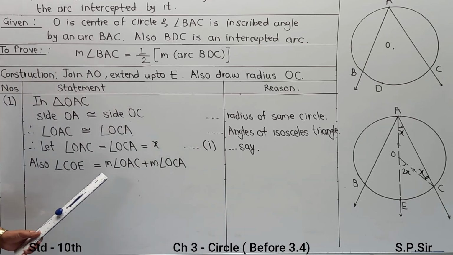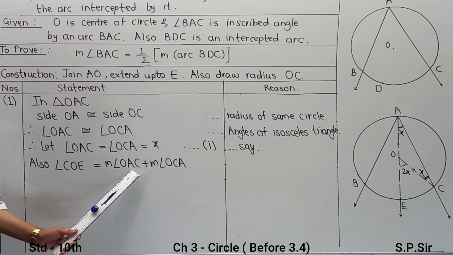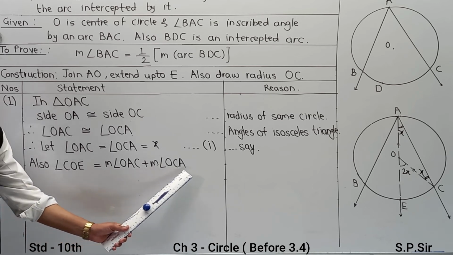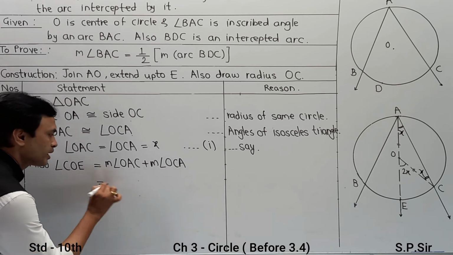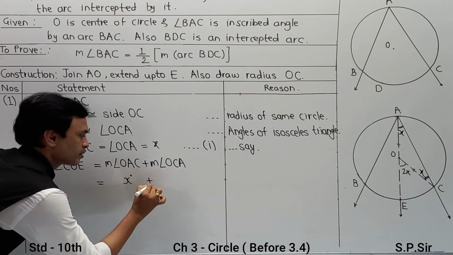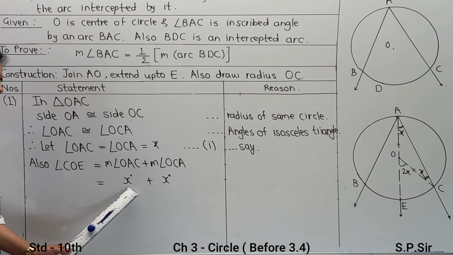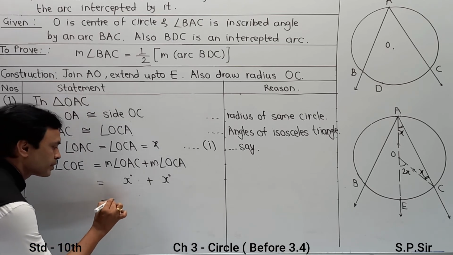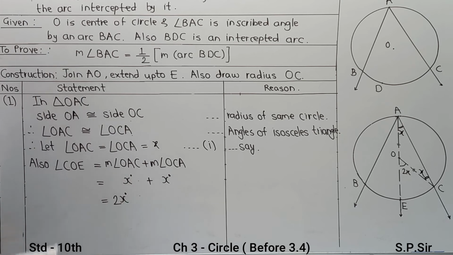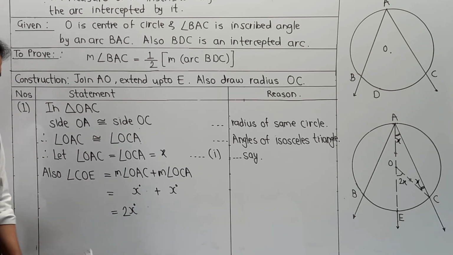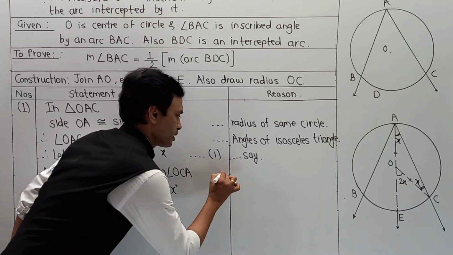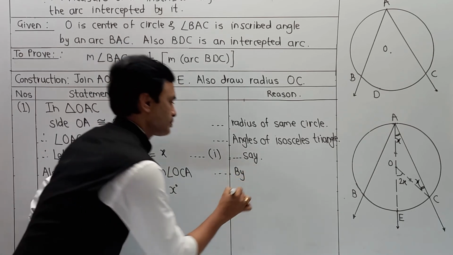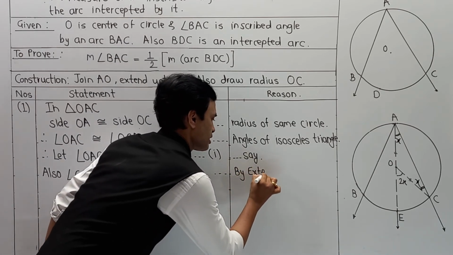Here, as per our construction, measure of angle OAC is x and OCA is also x. So writing it as x degrees plus x degrees, that value becomes 2x degrees. Naturally, your angle COE becomes 2x degrees. And here, the addition of two angles is equal to the value of the exterior angle. So I am going to write the reason: by exterior angle property.